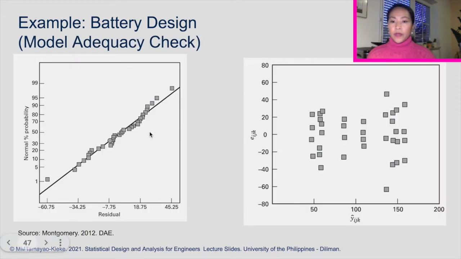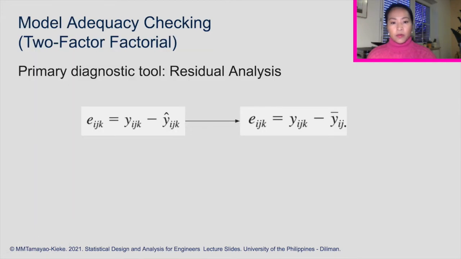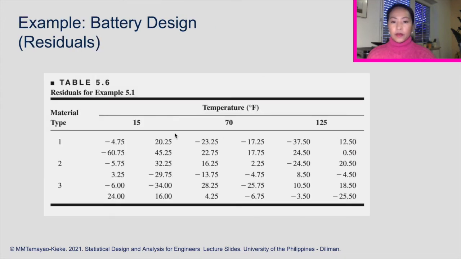All right, so let's just go back to that to make sure that we are all on the same page. Y bar ij dot is basically the mean for cell ij. So if you go back to the given data for this example, you have 4 observations per combination of material type and temperature, because we have 4 replicates.